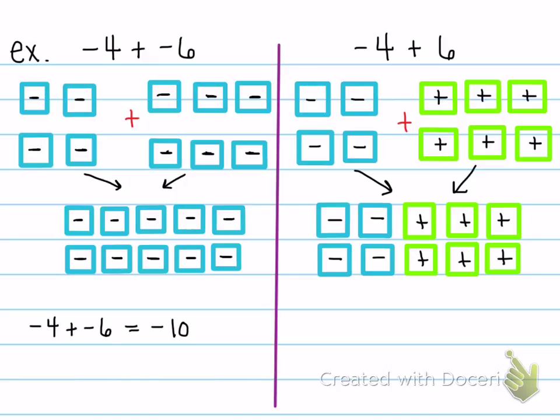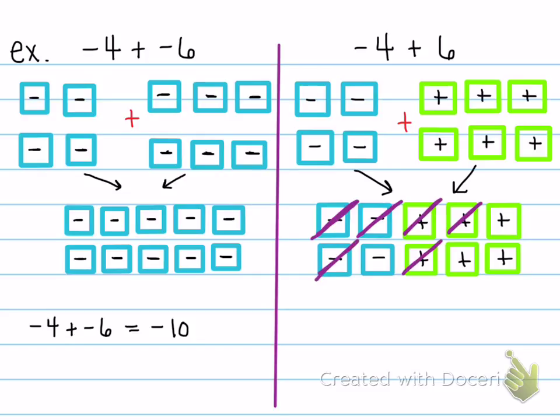Now you know each of these tiles represents 1. So the 4 blues are 4 individual negative ones, and the 6 greens are 6 individual positive ones. We learned that the additive inverse property tells you that if you have a positive and a negative of the same number, they equal 0. So what happens when you bring these together is, this -1 cancels out that positive one. This -1 cancels out that positive one.